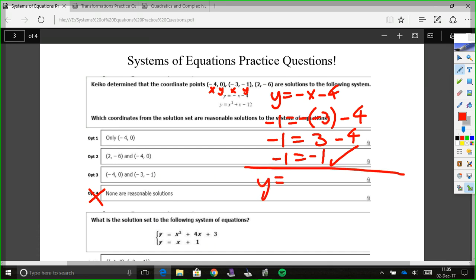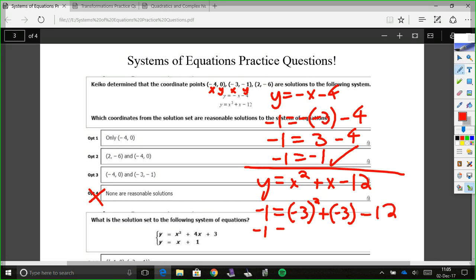Second equation is y equals x squared plus x minus 12. Alright, so we're plugging in -1 for y and -3 for x. Let's see, minus 12. So let's see, this would be -1 equals, -3 times -3 is positive 9. This would be -3 minus 12.